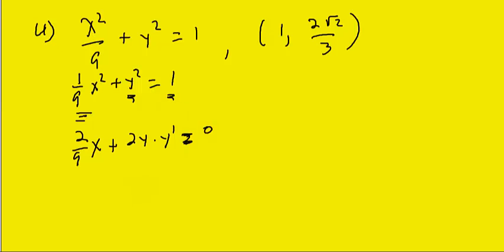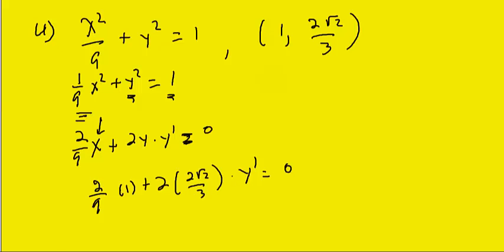We're solving for y prime, so let's put the numbers in. What am I putting in for the x? 1. So 2 over 9 times 1, plus 2 times 2 rad 2 over 3, times y prime is equal to 0.